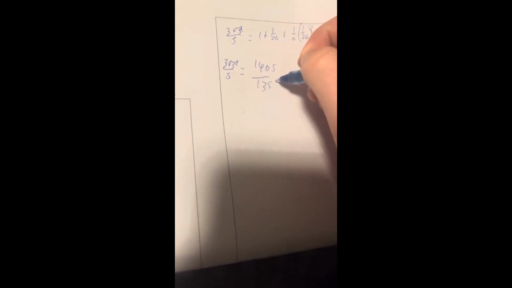And if you put it into there, you get 1 plus 1 over 26, hang about, you get 3 root 3 over 5 equals 1405 over 1352.